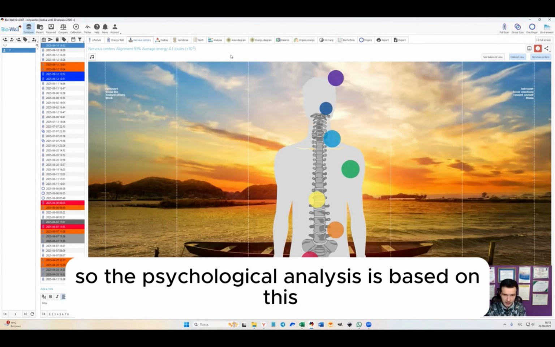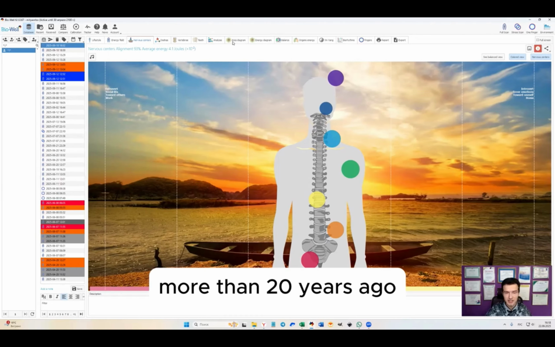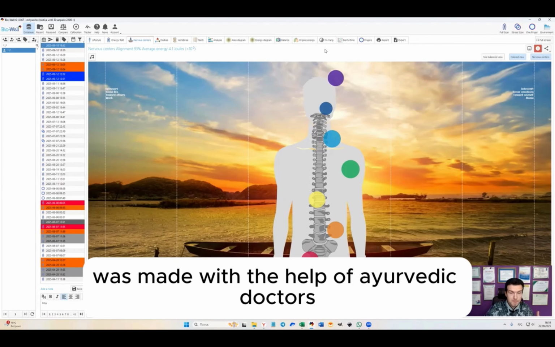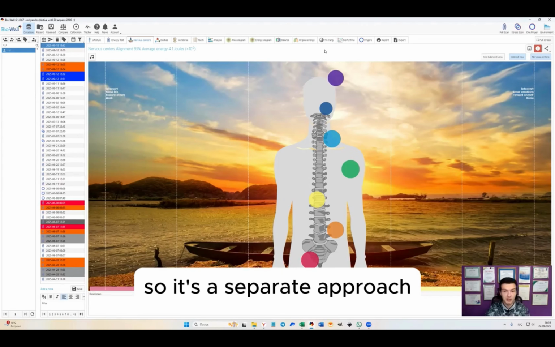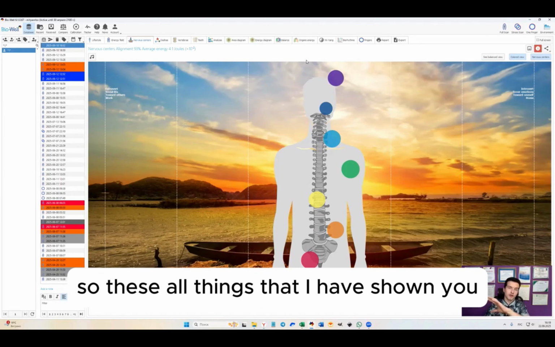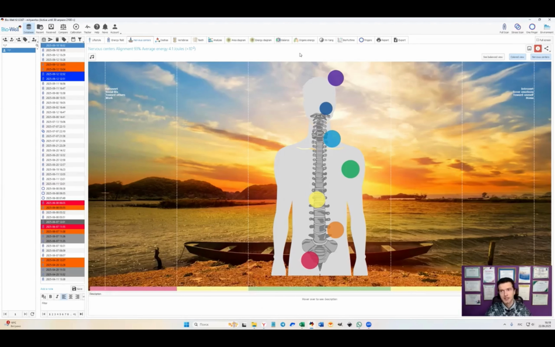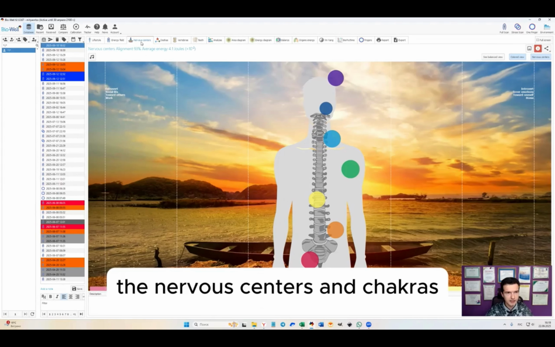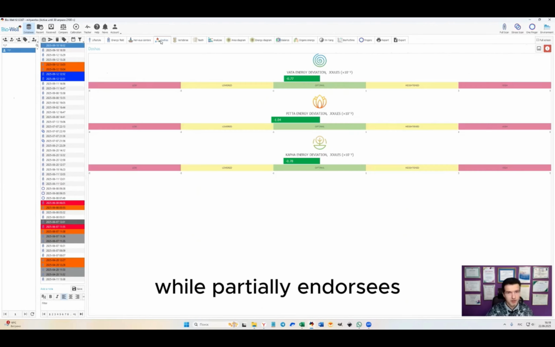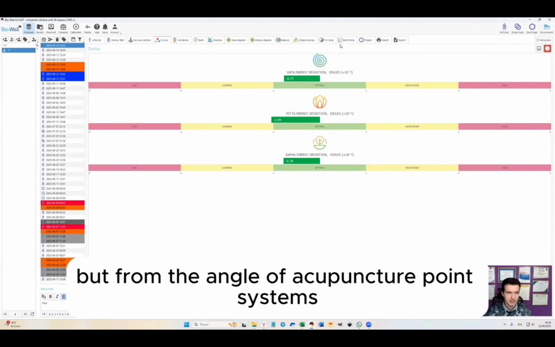The psychological analysis is based on this Ayurvedic approach, and more than 20 years ago, this program was made with the help of Ayurvedic doctors. So it's a separate approach, a separate way of interpretation. All these things that I have shown you are different ways you can refer to the analysis. The Ayurvedic approach is in the nervous centers and chakras, and partially in doshas, which are also based on the Ayurvedic approach, but from the angle of acupuncture point systems.